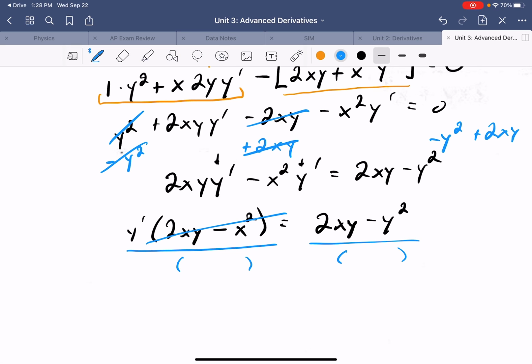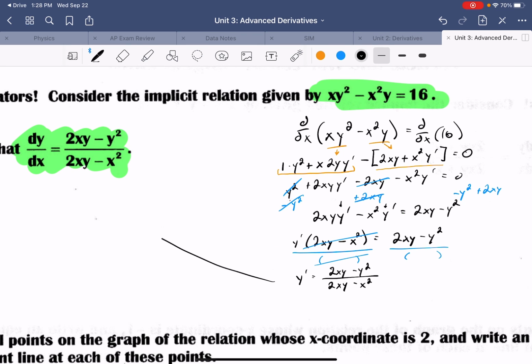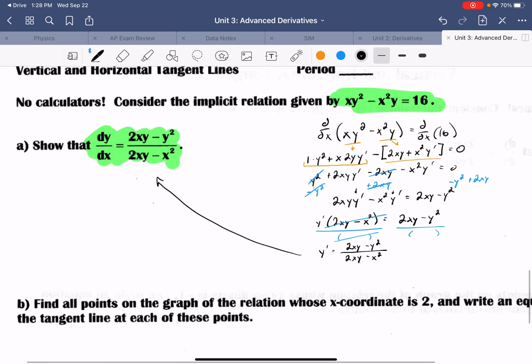And then it would cancel out with the parentheses on the top. So then y prime is equal to 2xy minus y squared divided by the parentheses, which was 2xy minus x squared. And then that should be what we were looking for. Yep, that's it. So that's the first part done.